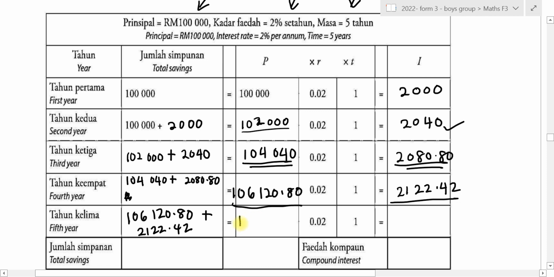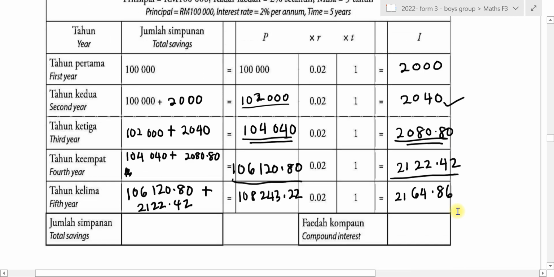So the answer is 108,243.22. Okay, you calculate 2% of it: 2,164.86.